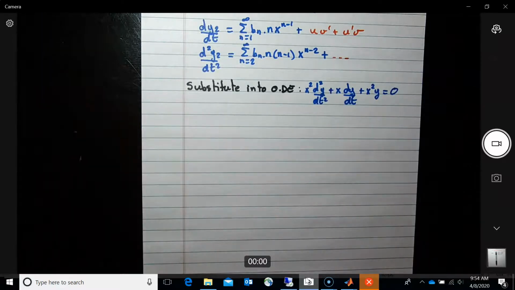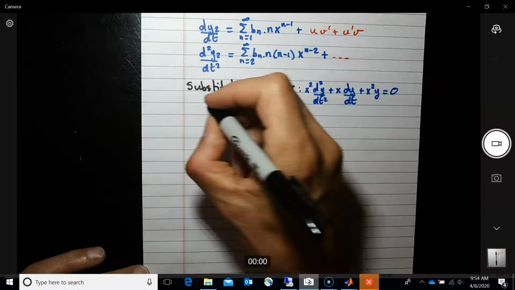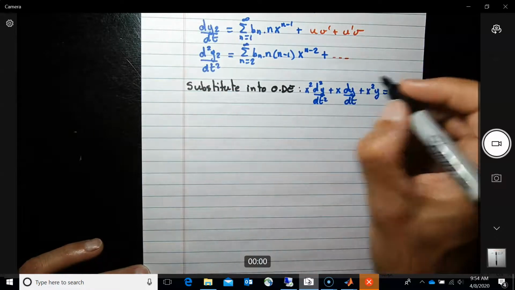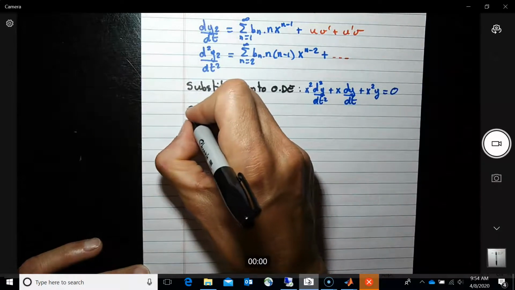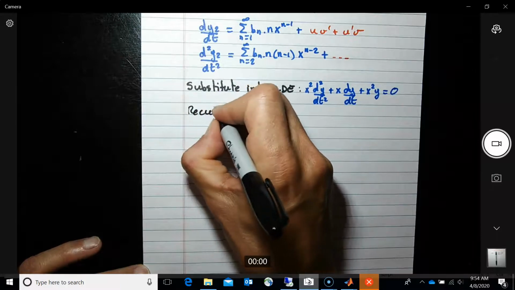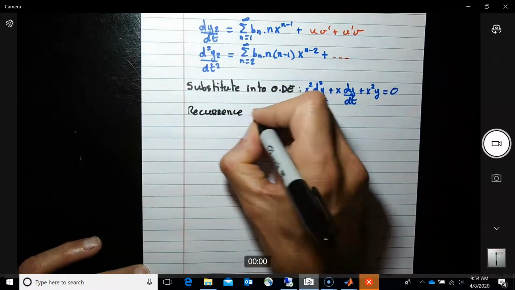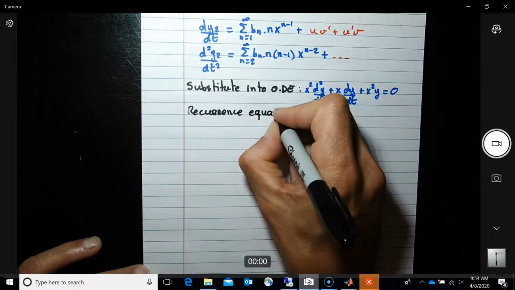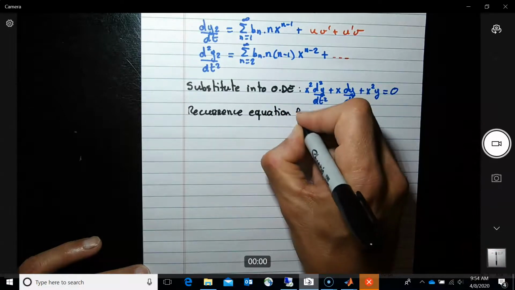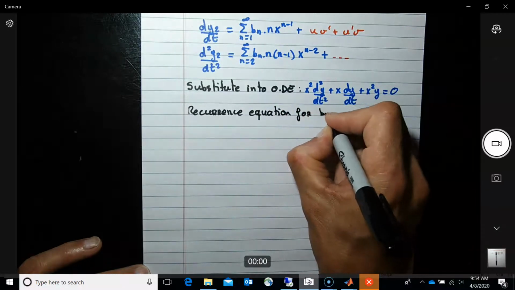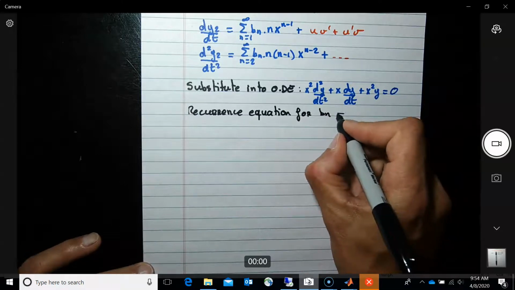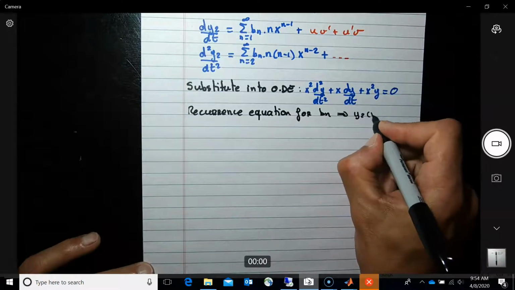So after doing all that stuff, you will find a recurrence equation for the b sub n's. Once you have that, now you can find y2 of x.